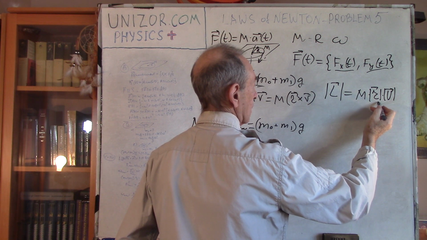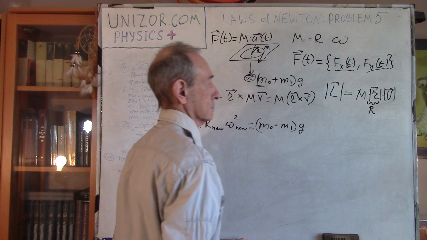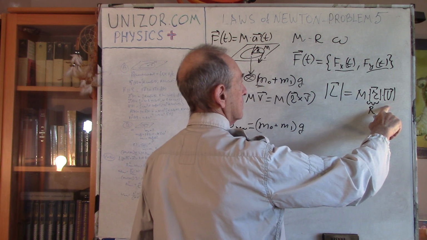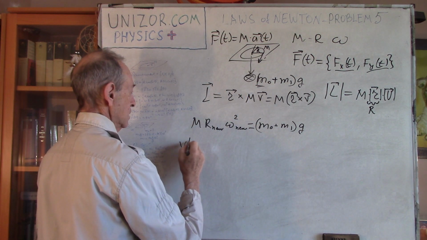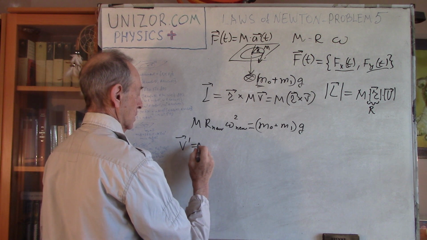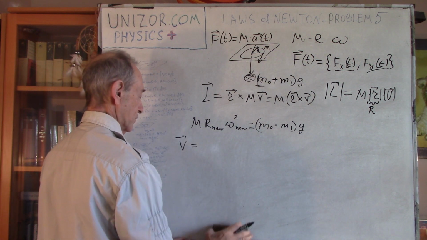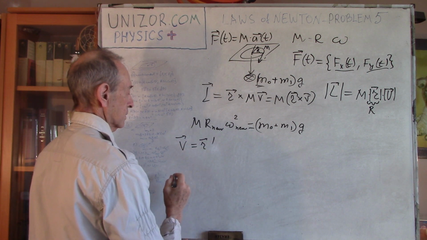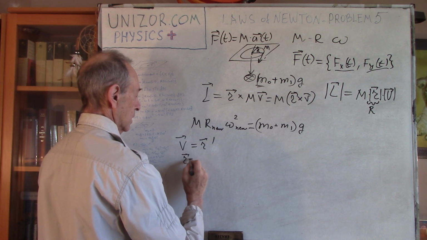Modulo of vector r is r. Modulo of vector v. Now, do you remember that v is a first derivative of r, right?